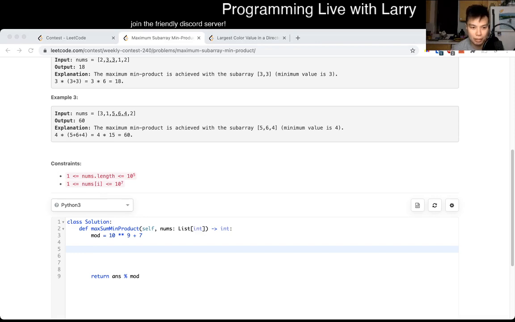Yeah, this is not the right time for my Chrome to be crashing.